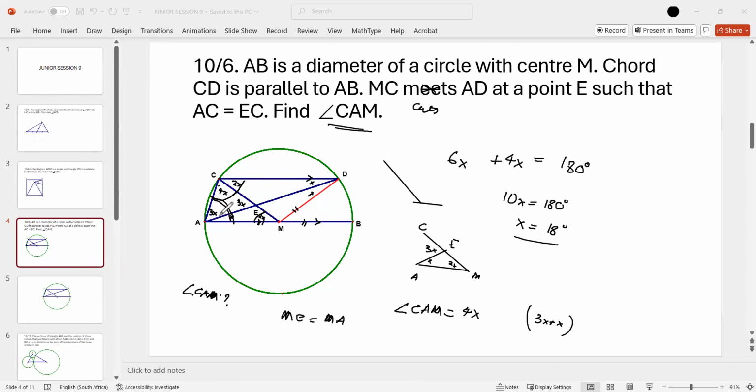So this angle here is 4x, but we know what x is. So this is 4 times 18, and that is 72 degrees. In fact, you can calculate all the angles here because everything is in terms of x. Wherever you see x, you put 18 degrees, and you can get 2x or 3x or 4x, and so on. So this is the solution to this problem.